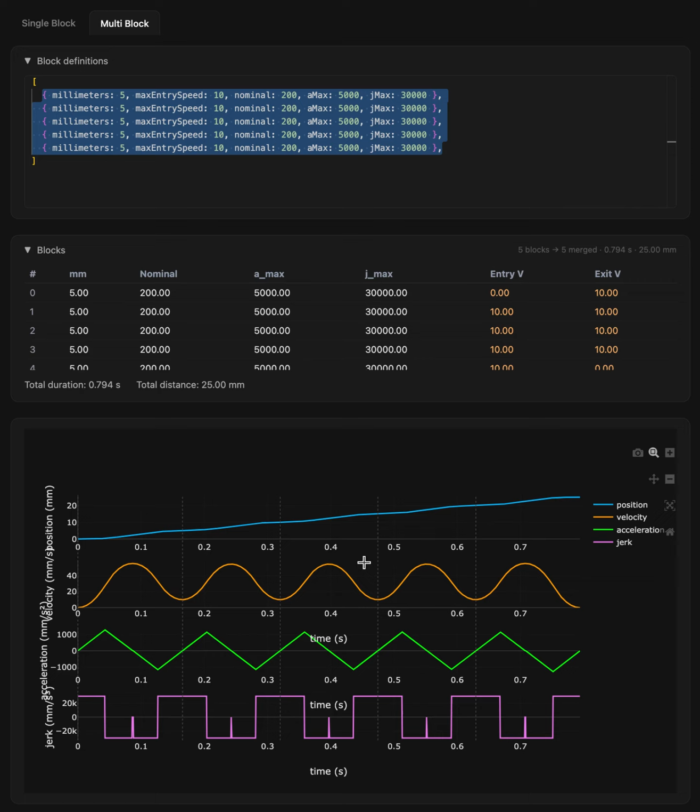What an optimized plan means is that the entry and exit speed of each block is optimized so that we don't need to slow down too much between blocks, and we end up with the highest average velocity across the whole set of blocks. So what the planner does is it maximizes the junction velocity for each block.